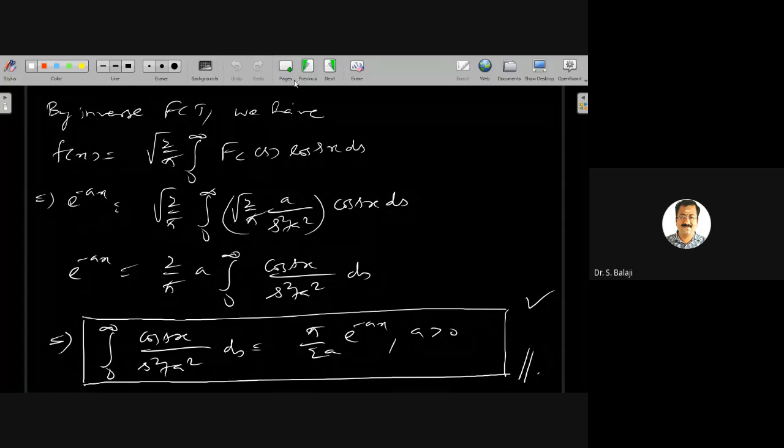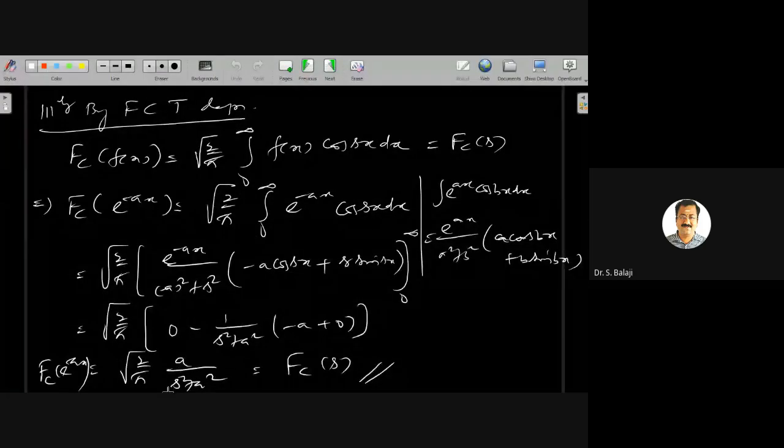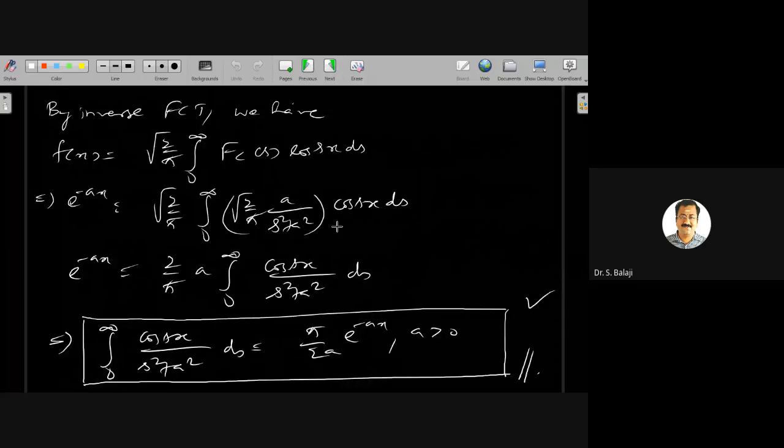Just now we have completed fc of s, which is root of 2 by pi, a by s square plus a square, times cos sx ds. The root of 2 by pi a is constant, take it outside: integral 0 to infinity cos sx by s square plus a square ds.